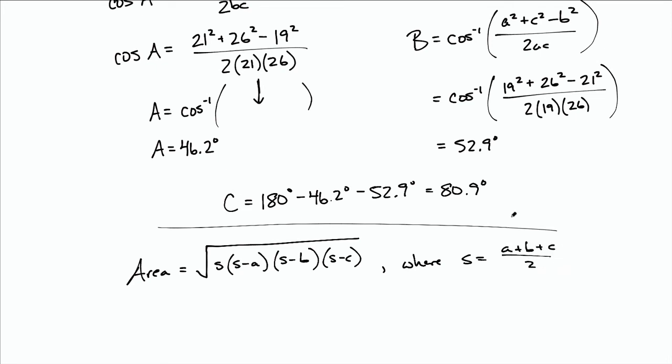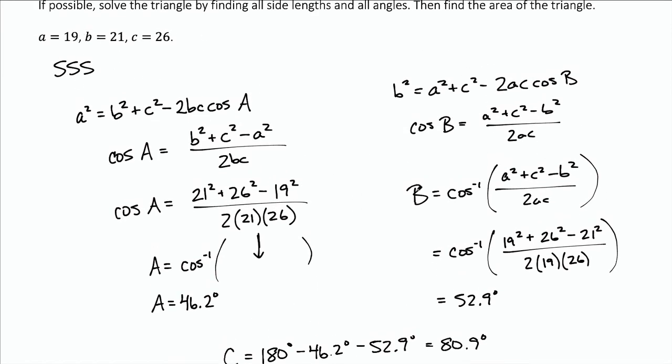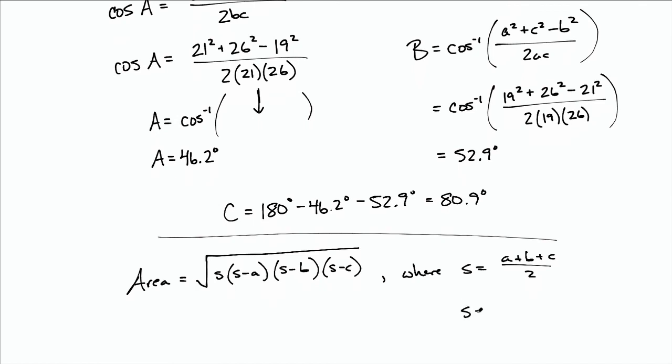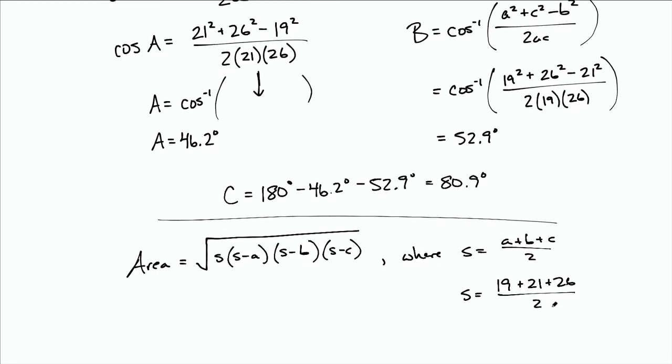And so we can use that here. A, B, and C were given to us: 19, 21, and 26. So s is 19 plus 21 plus 26 all over 2, and that's 66 divided by 2, or 33.